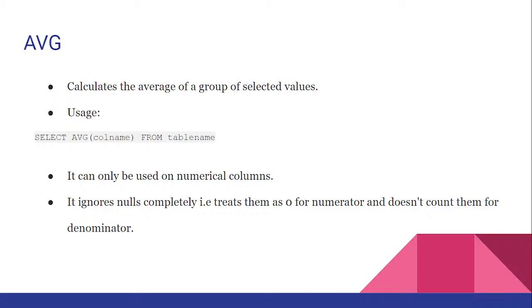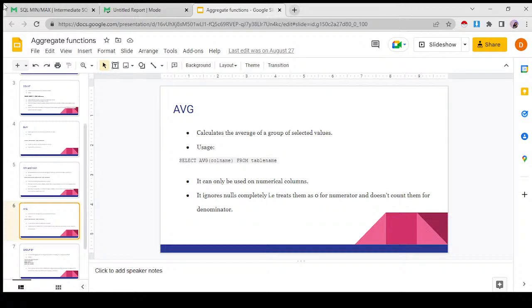While calculating the sum, it will treat them as 0, and while counting it will treat them as nothing, like it won't consider them. That is what happens when we calculate the individual sum and count also. When calculating, the sum function does not consider null values, it considers them 0. While calculating the count, it only gives us the count of the non-null values and not the total count of rows. I hope this was clear.